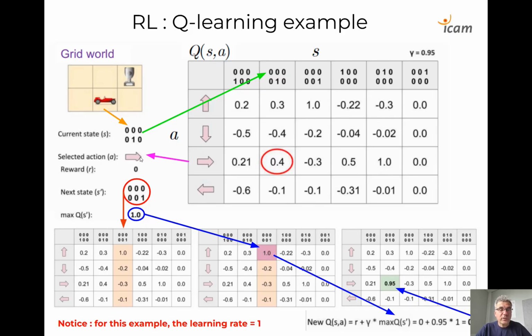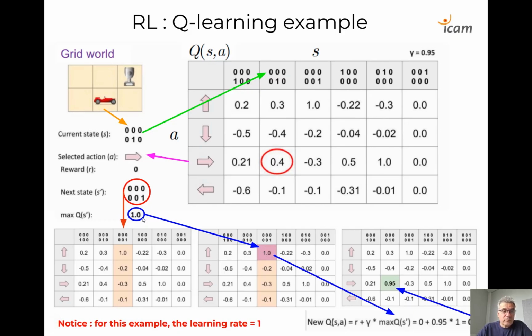If we perform this action, the car will move from here to here. Because the car doesn't reach the goal, the reward associated with going to the right from this state is 0. Okay? The next state will be this one, because the car will be here on the bottom right. Okay?